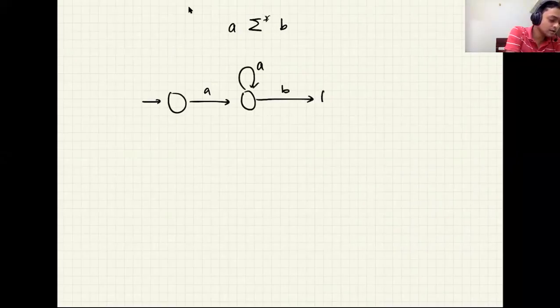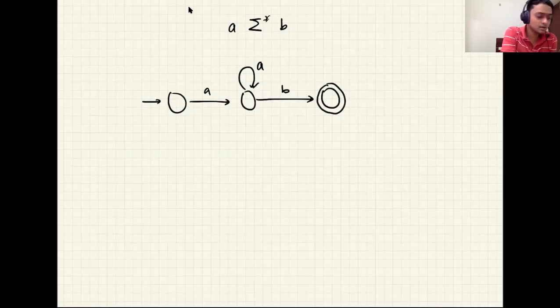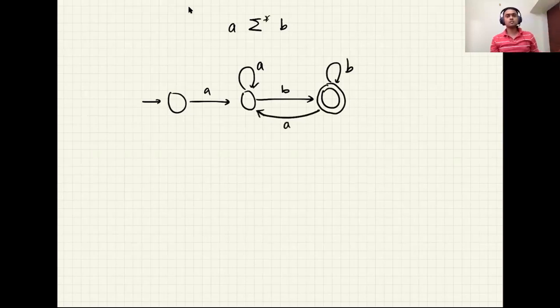If I read a B, maybe my word has ended, so I have to go to an accept state. But if I'm still reading a B, it is okay. If I'm reading an A, I have to go back here. This is a slightly tricky thing, but this is the automaton.